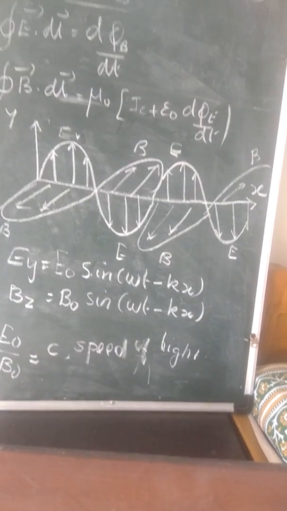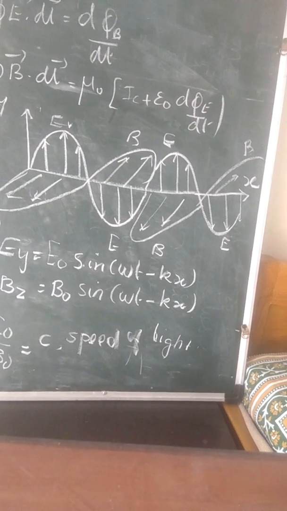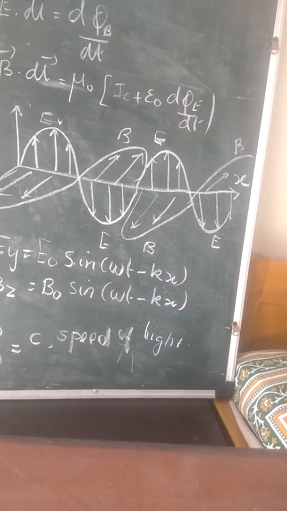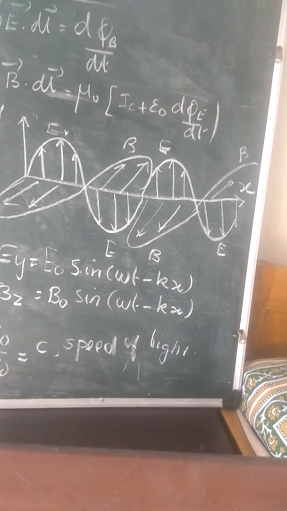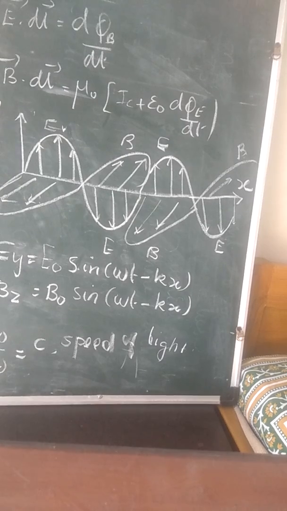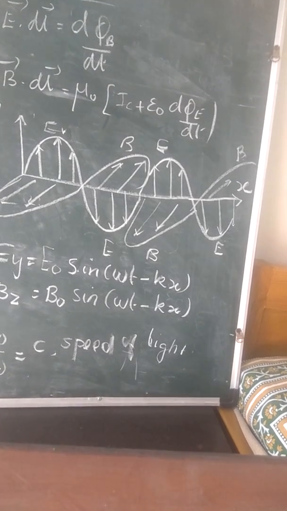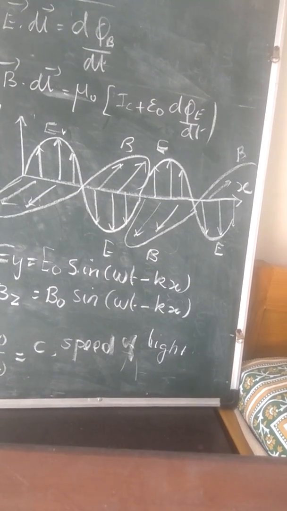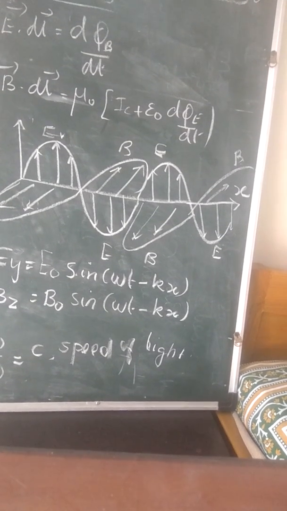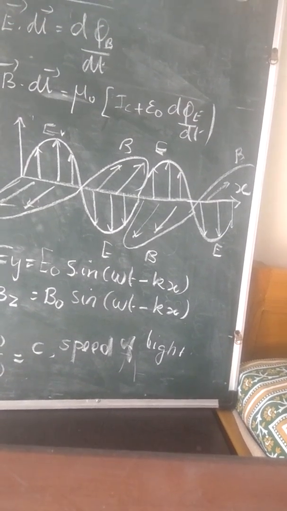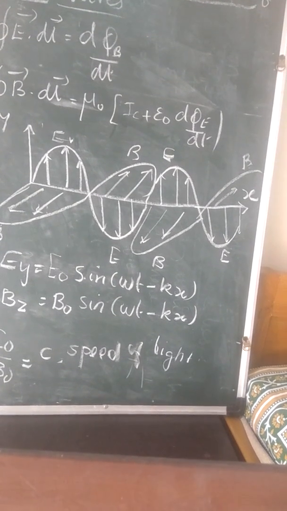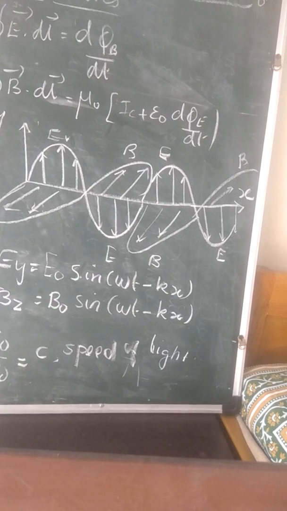He further showed that these variations in electric and magnetic fields occur in mutually perpendicular directions and have wave-like properties. Once again, change in either field, either electric field or magnetic field, produces the other field. If any one field changes with respect to time, it produces the other field.